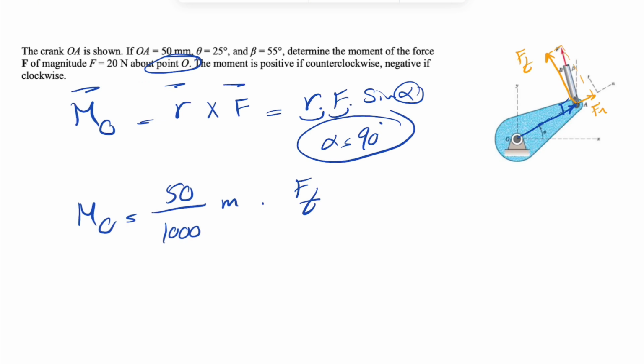If we look at this right triangle that I'm highlighting in yellow, we should be able to find one of those angles. This is the angle that we are interested in, and this angle here is our beta, which we know is 55 degrees.